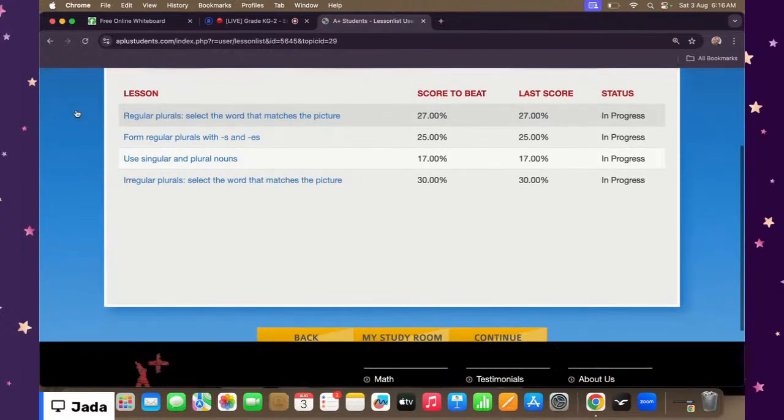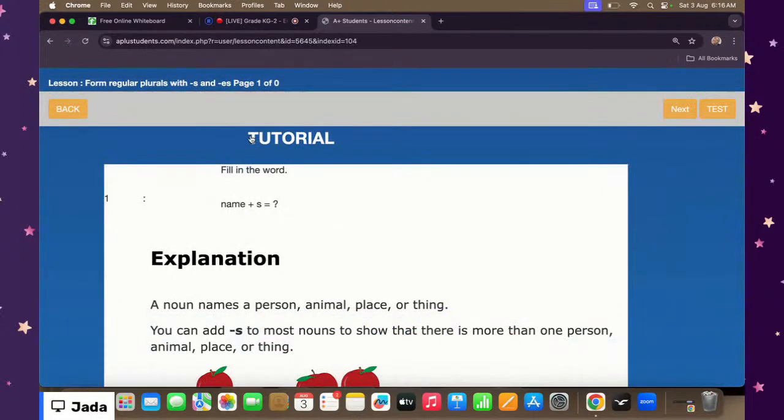The next lesson says form regular plurals with S and ES. So form regular plurals with S and ES.